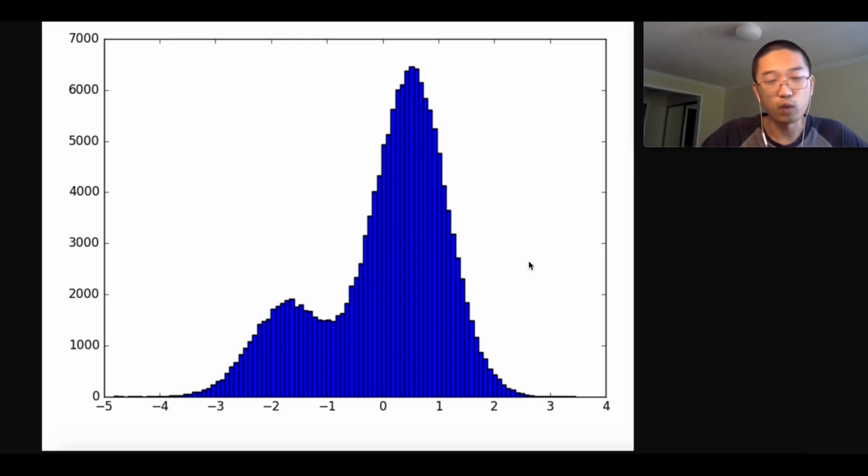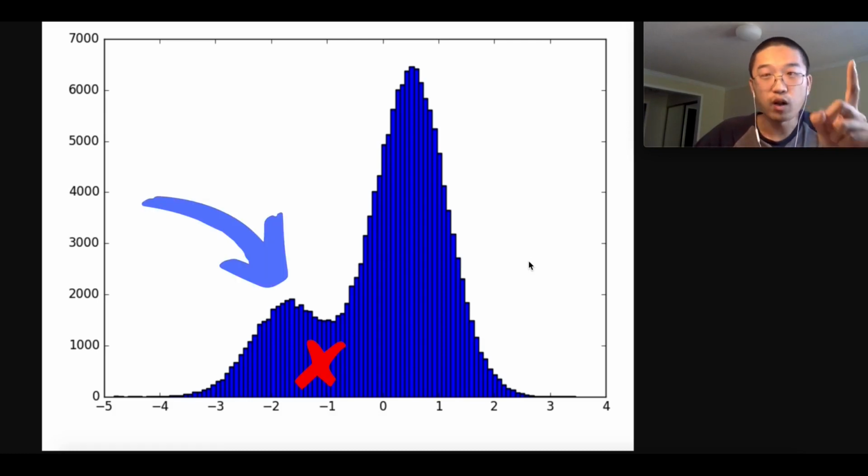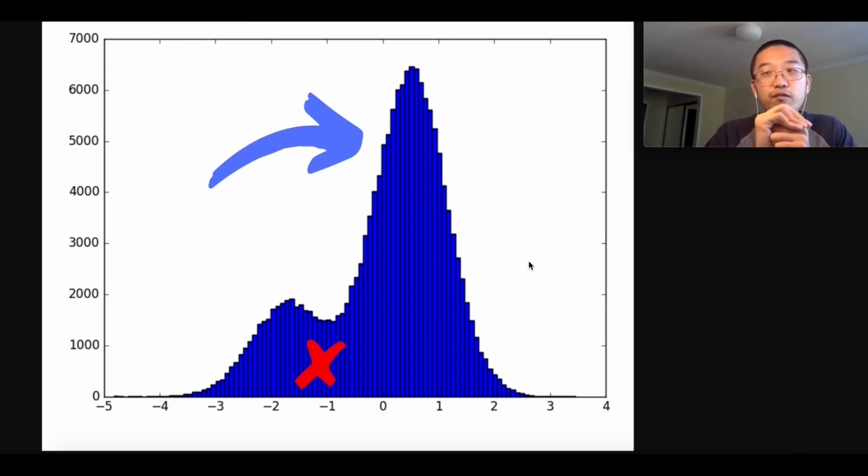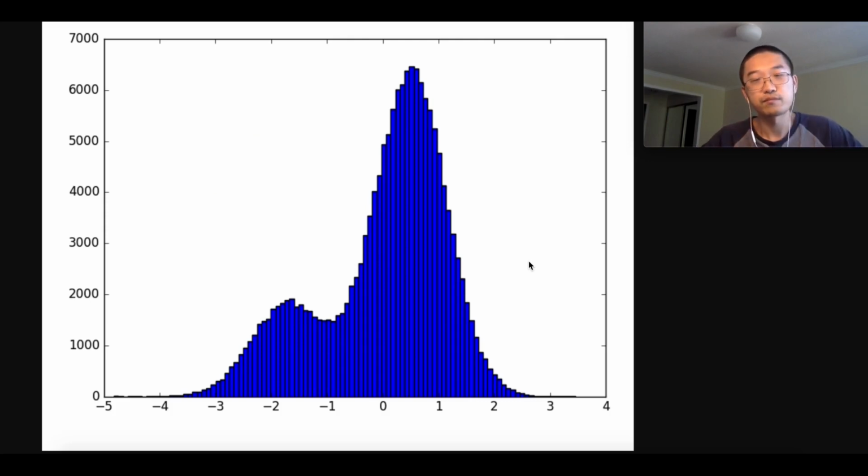We can figure out whatever probabilities we want to extract from this data set. For example, what is the probability that a sample is from distribution 1 on the left side, and what's the probability that this sample is from the other distribution? So this is what we are going to do.